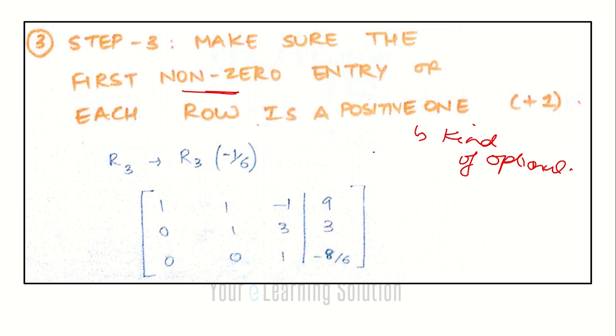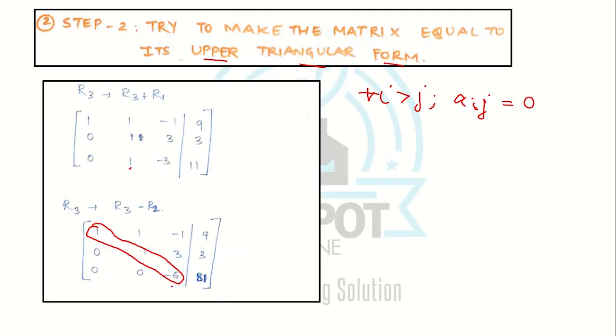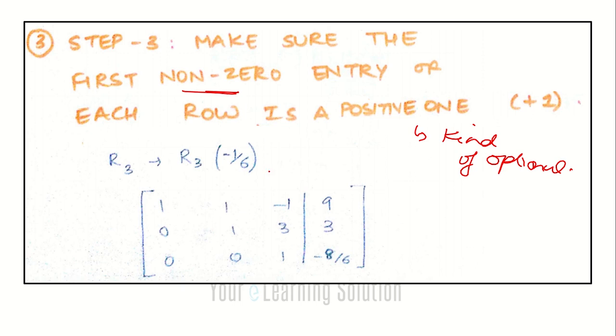Once you do this, in this case, because I can very easily do this just by dividing it by -6, I'm going to choose to do it. And you just say R3 goes to R3 into -1/6. Please understand and remember that all you are saying is that the first non-zero entry has to be a positive 1. You're not saying anything about the rest of the entries.